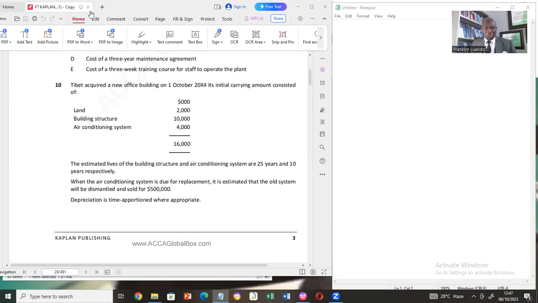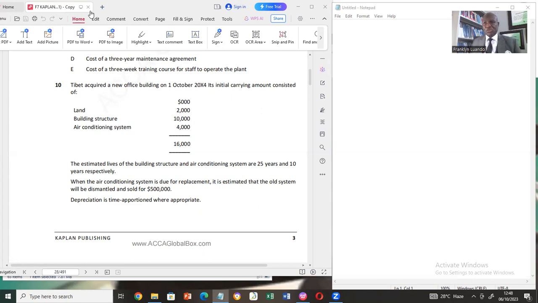So in today's video, we are going to look at the complex asset and the revaluation of property. I'll start with explaining what a complex asset is. A complex asset is one which has different expected useful lives for each different component, and therefore depreciation is calculated differently, separately.